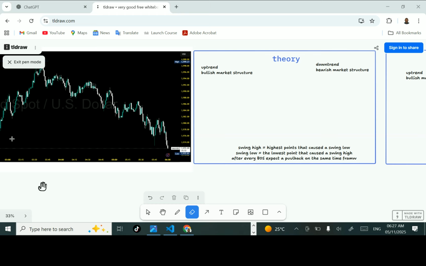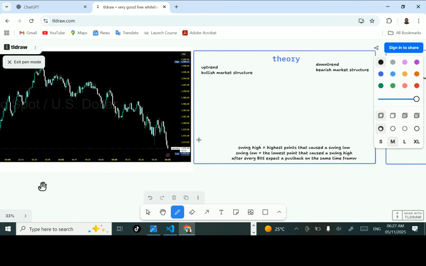An uptrend is always moving in a pattern of higher highs and higher lows, higher highs and higher lows.